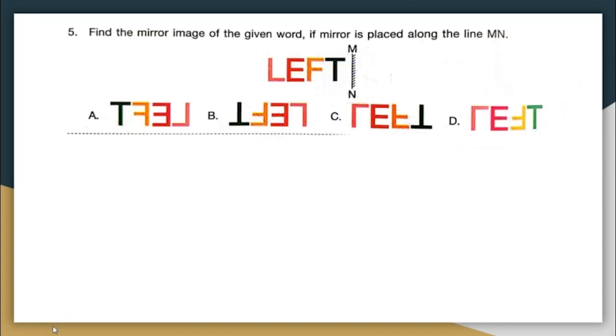Find the mirror image of the given word if the mirror is placed along the line MN. Whenever you have questions on mirror images, remember that if the mirror is placed either to your left hand side or to your right hand side, or I can say if the mirror is placed vertically, then in the mirror image, the left and the right of the image will interchange, but the top and the bottom will not change.